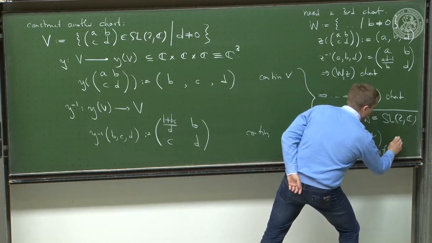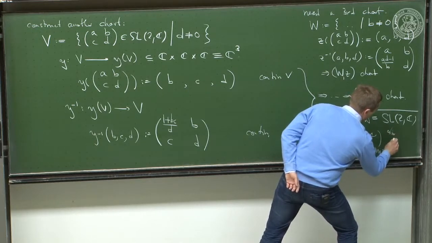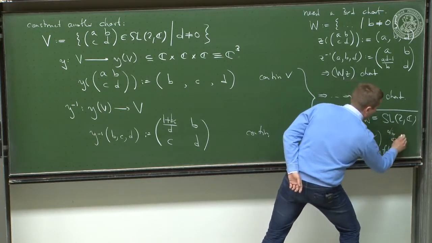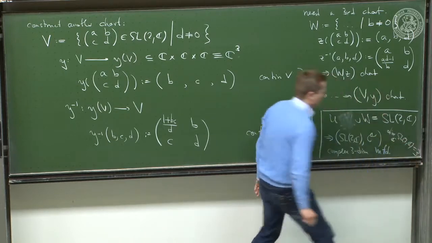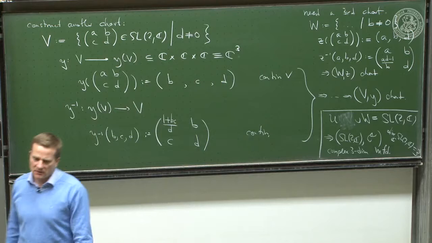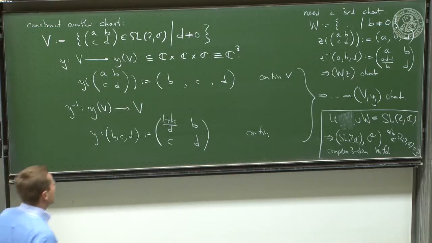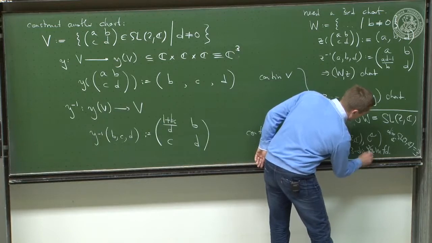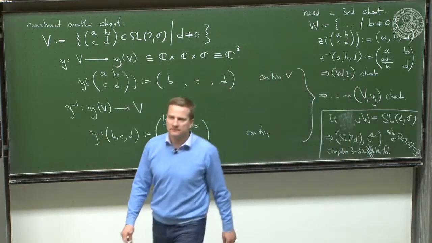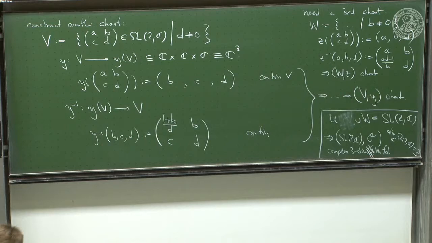So sometimes we would write dim sub C, with respect to complex numbers, of SL2 C is 3. There we go. We have a three-dimensional complex, I should say topological manifold. Okay, full stop. Good. Any questions so far?